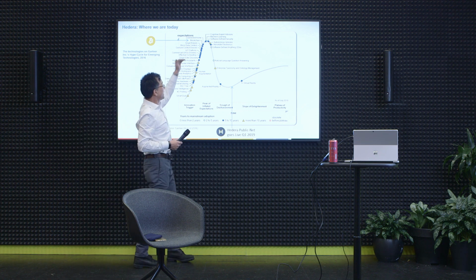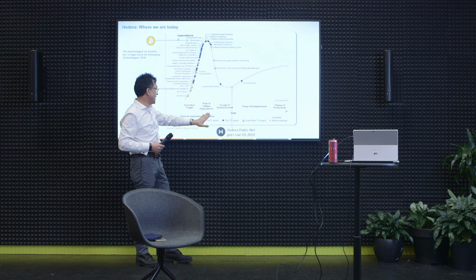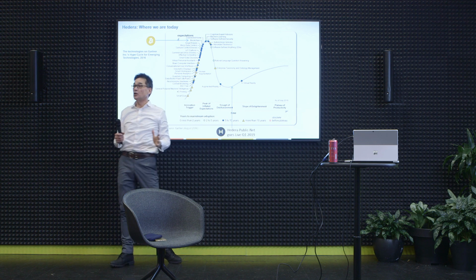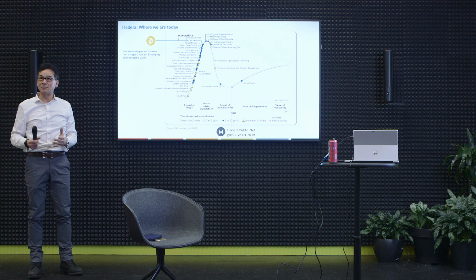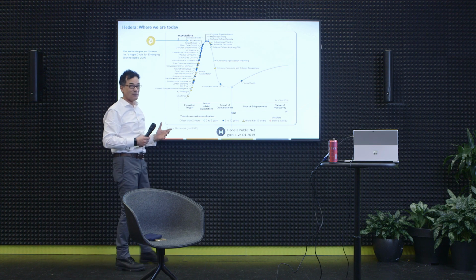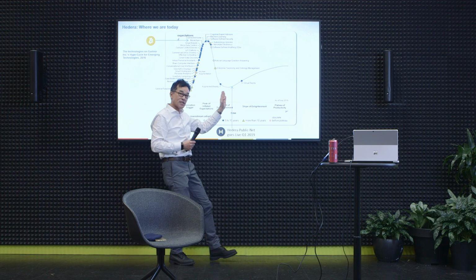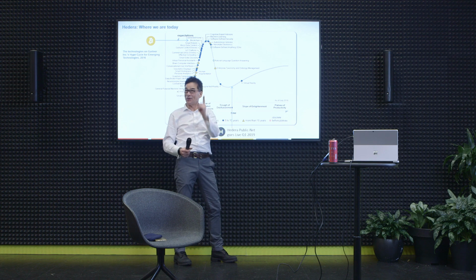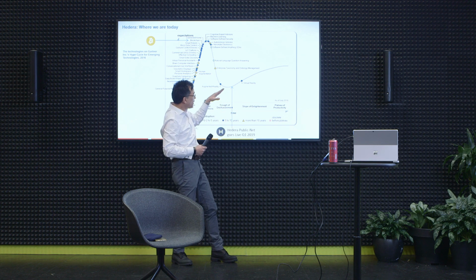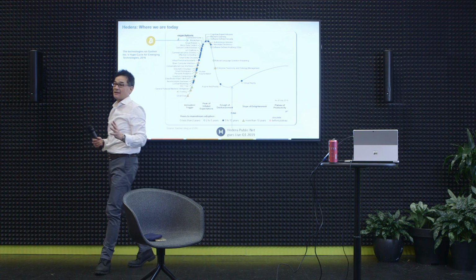Then inevitably it dives into the trough of disillusionment. I think everyone in the blockchain and cryptocurrency space is familiar with this trough of disillusionment. And once you reach the bottom, you can only go in one direction, right? That's up. You climb the slope of enlightenment.